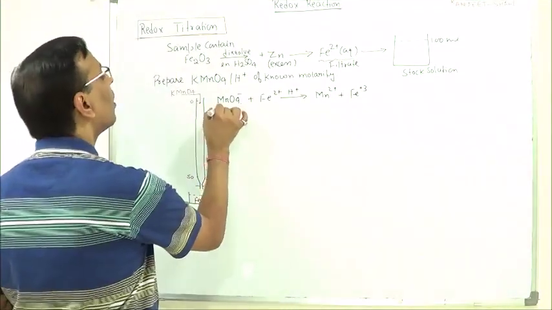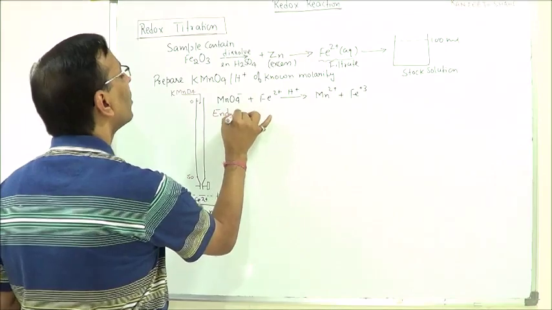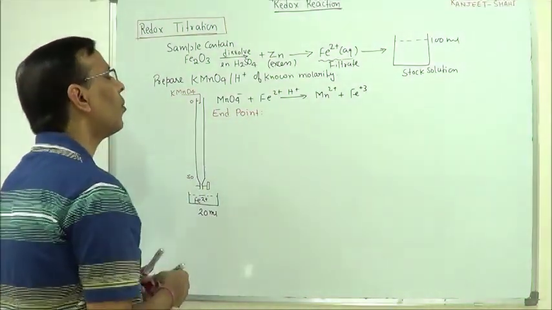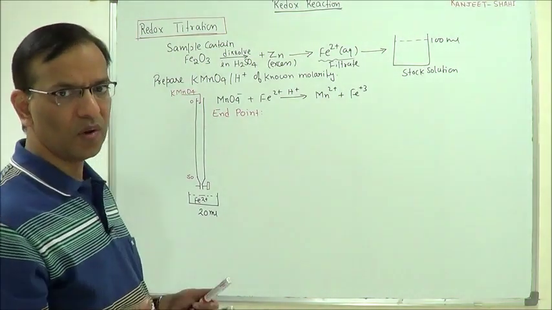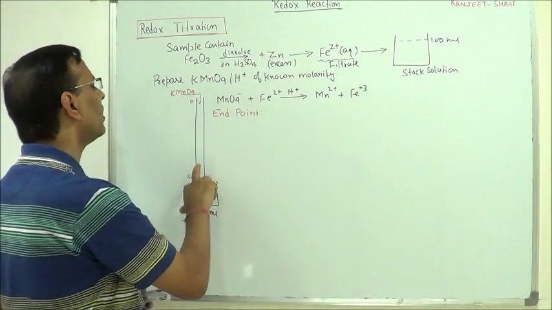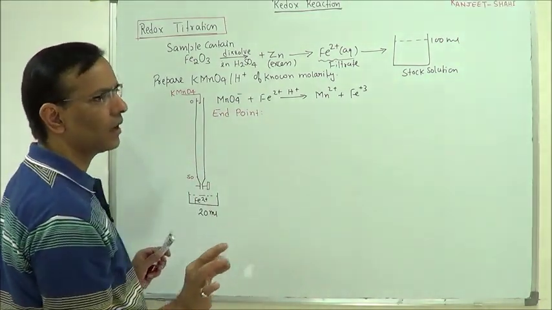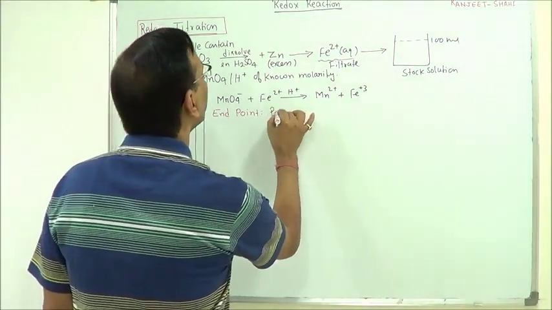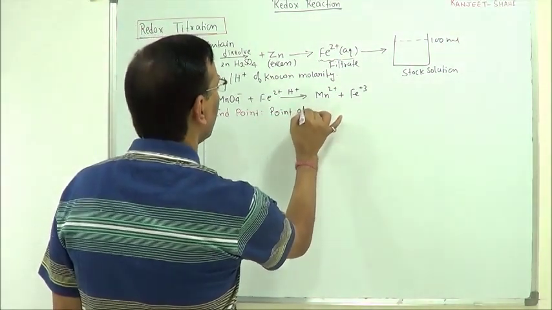So the end point is the point at which the redox reaction involved in the titration is just complete.